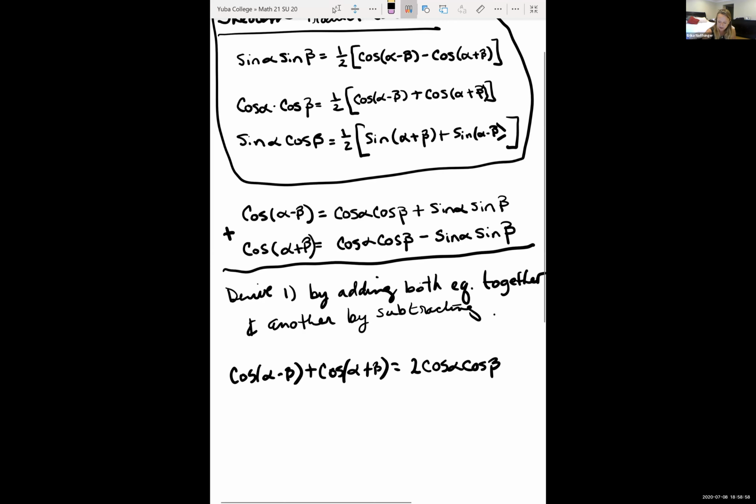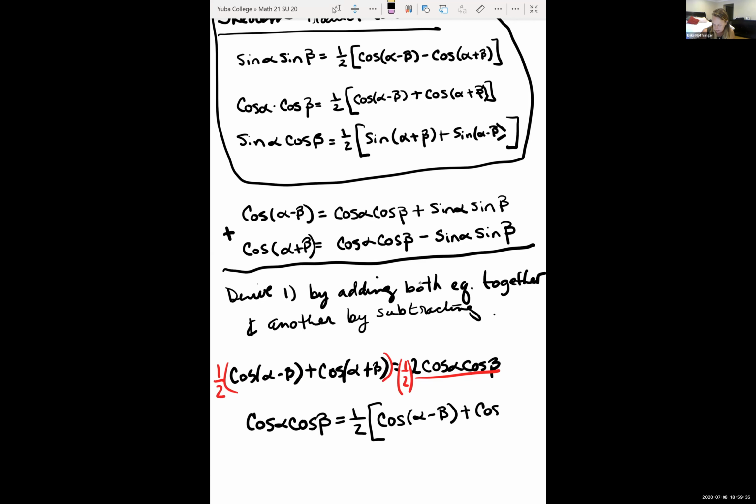But if we divide both sides by 2, or we can think of it as, how about this instead: multiply both sides by a half, the reciprocal, because this had a half here. So we got one of them. We know that the product of cosine of an angle alpha times cosine of an angle beta is going to equal 1/2 of the sum, cosine of alpha minus beta plus cosine of alpha plus beta.